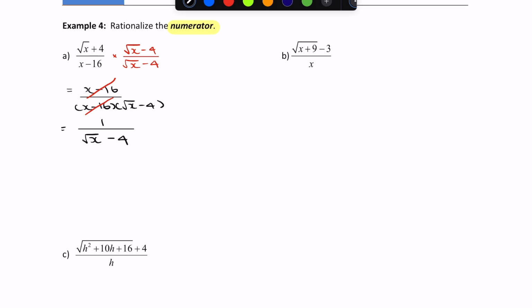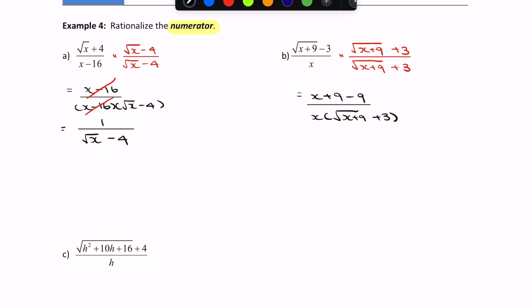Same thing with this question here. I'm going to multiply by the conjugate radical. Here's square root x plus 9 plus 3. And then the bottom is square root x plus 9 plus 3. So here we'll be left with x plus 9 minus 9 over x times square root x plus 9 plus 3.